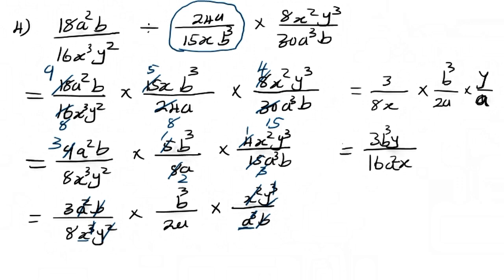Alright, so basically that will be the solution to the given expression. So please take your time and see. You can rewrite the question and see if you can arrive at this. Alright, so we are left with the expression 3b cubed y over 16a squared x as the simplest form of the expression. Let's take the last one for this section.